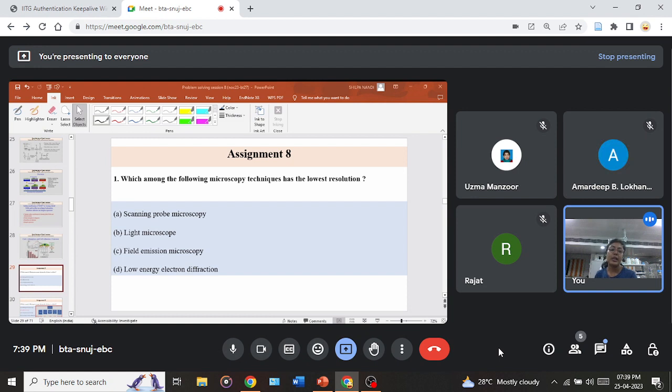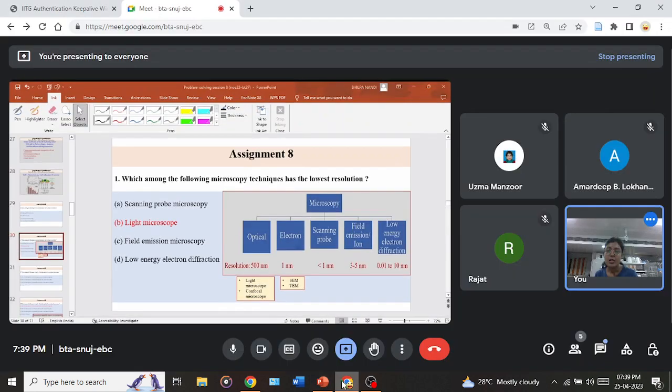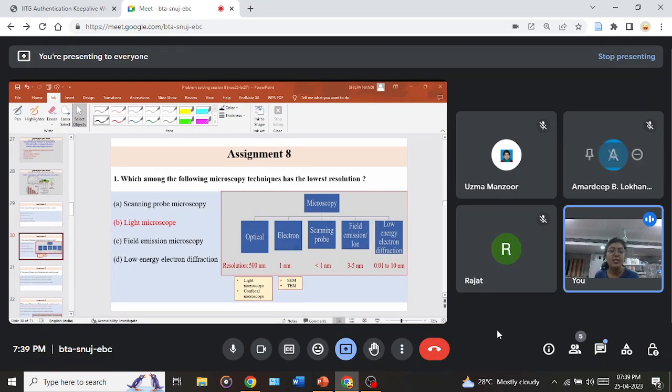The lecture number 22 actually begins with these microscopy techniques itself, and the second or third slide has this particular information given. So I have got an answer, that is B, that is light microscopy. Okay, let us see what the answer is. Yes, B is the correct answer.